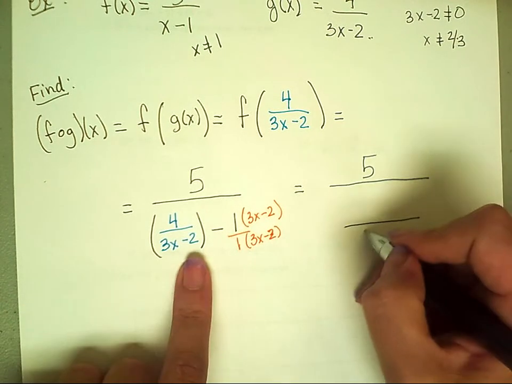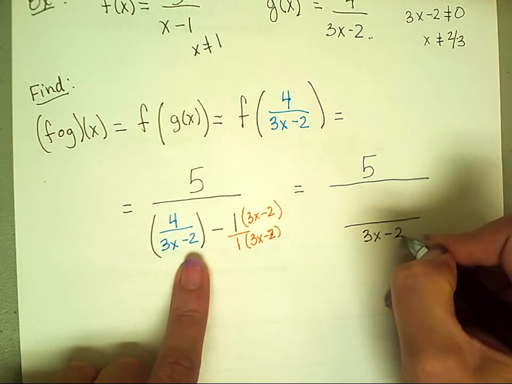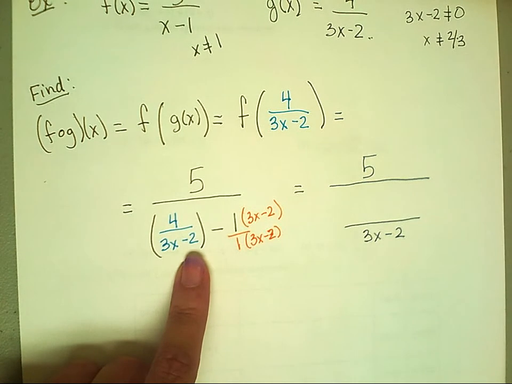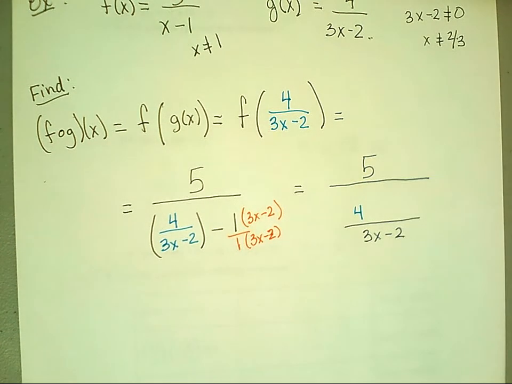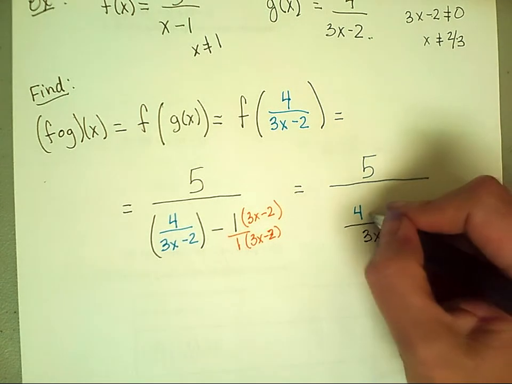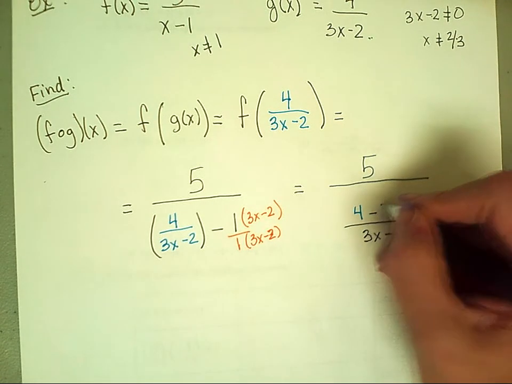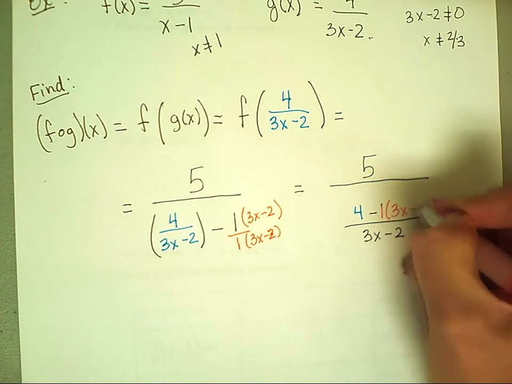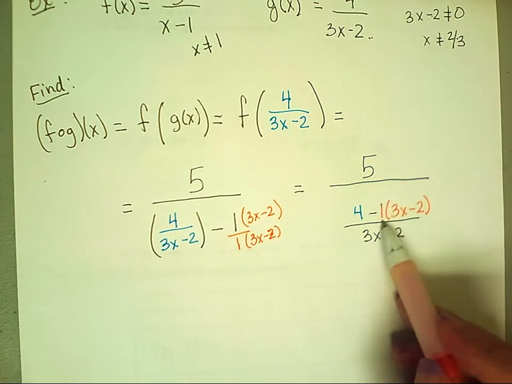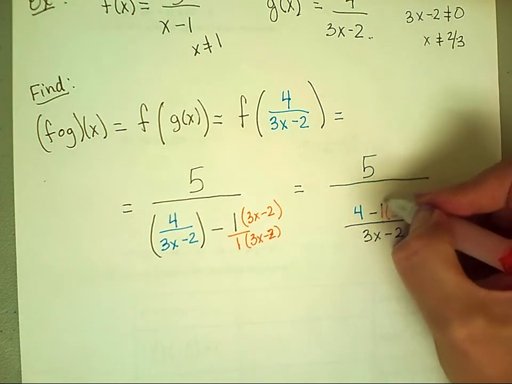So our numerator stays the same, which is 5. But now our common denominator is 3x minus 2. And then we have the 4 minus 1 times 3x minus 2.